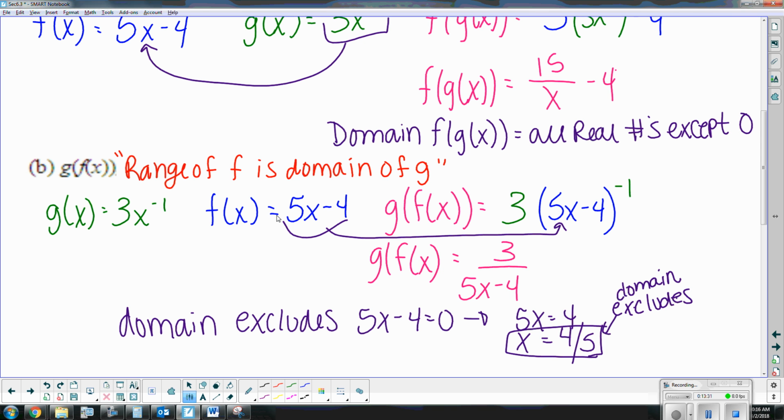So the output of f of x is our input of g of x. So therefore, g of f of x is 3 over 5x minus 4. Now 5x minus 4 cannot be 0 because if the result of 5x minus 4 is 0, the function is undefined. Therefore, the domain here in g of f of x excludes x being 4/5.